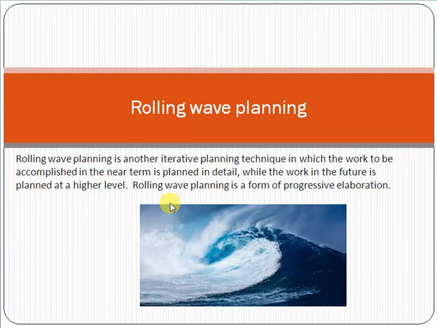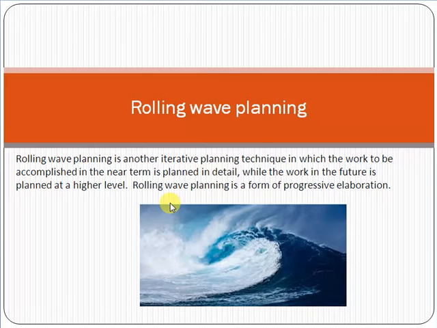However, with the passage of time, when things elaborate, we get more information and more knowledge, things progress, and we do the detailed planning with the passage of time. That is the main concept of progressive elaboration. When things progress and elaborate, we do the detailed planning of the project accordingly.